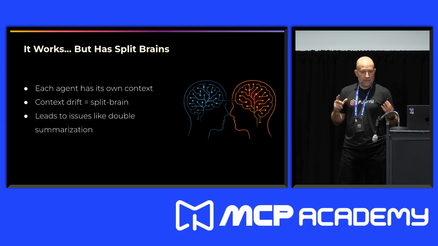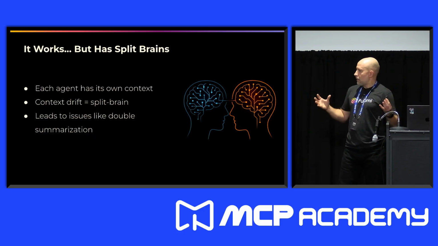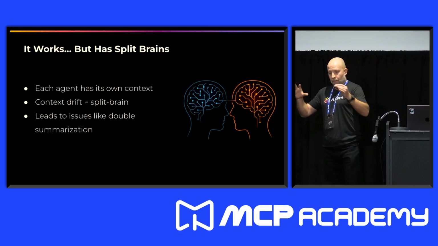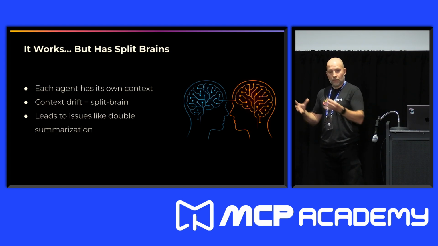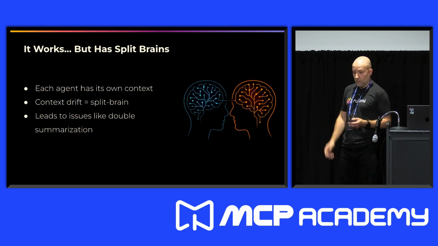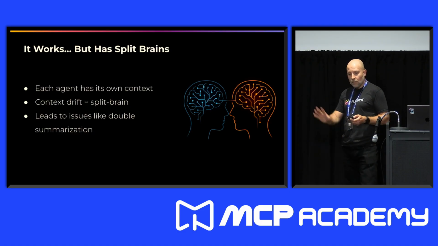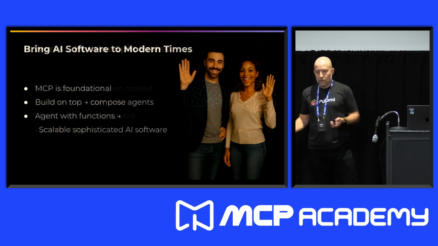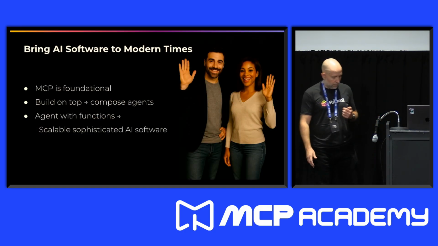It needs to summarize it again. So we have this double summarization situation where some information is removed from the summary, and then we summarize it again, and then again there is a chance for us to lose even more information. But overall, if you understand those issues, then the tool is still usable.